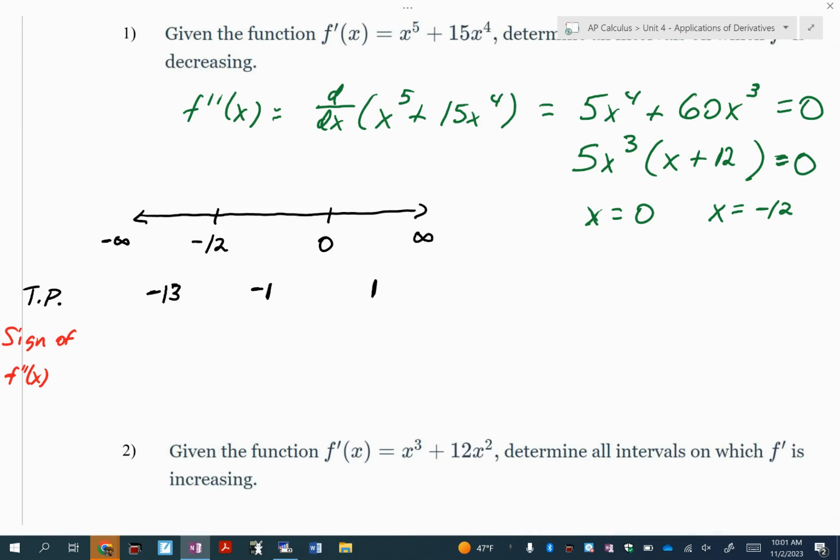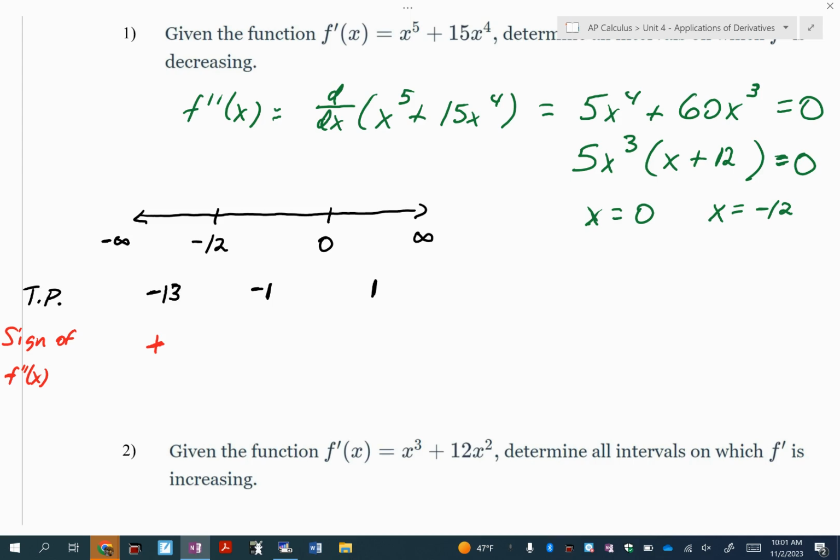What's negative 13 plus 12? I don't care about the number. They're opposites, so you subtract them. The key thing is it's negative. What's a negative cubed? Still a negative. What's a negative times a negative? Positive. So this sign is positive. That's for the negative 13 test point.